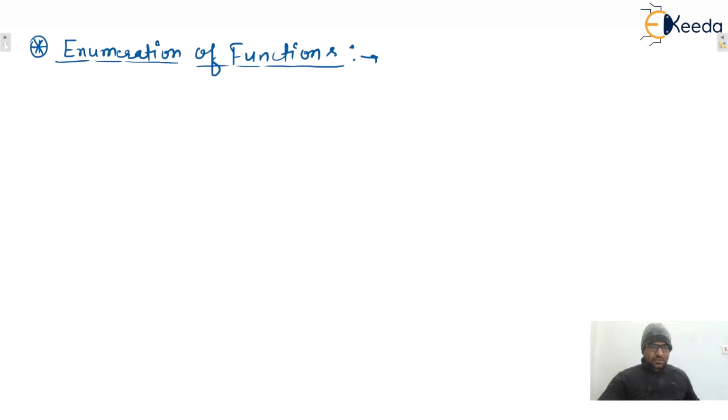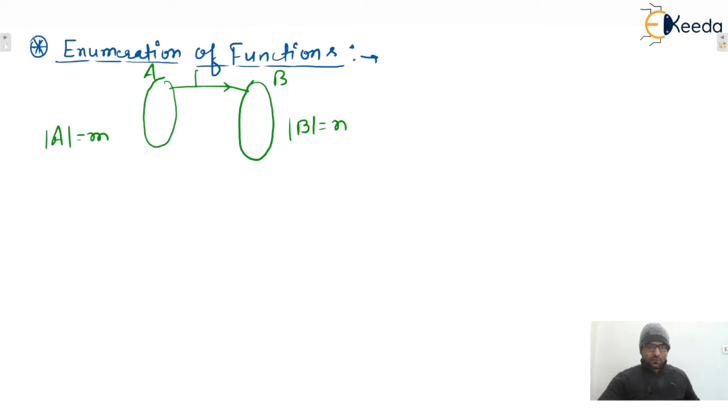First one, let us consider, let's say this is set A, and next one, let's say this is set B, and let's say cardinality of set A is equal to m, and cardinality of set B is equal to n. The function f is from set A to set B, isn't it?